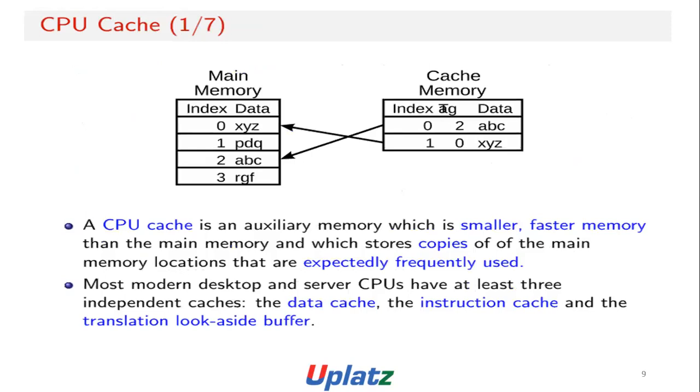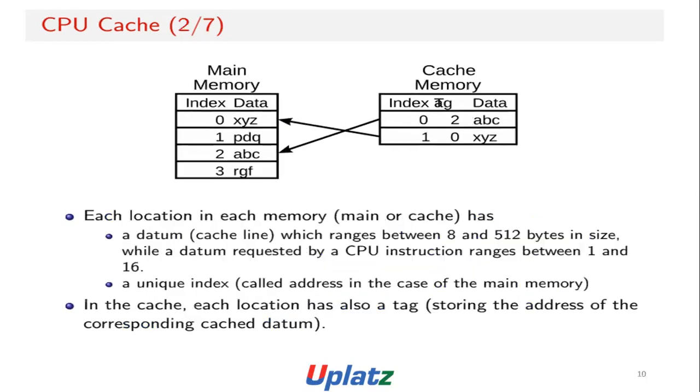CPU cache: main memory, index, data, tag, cache memory. A CPU cache is an auxiliary memory, smaller and faster than the main memory, and it stores copies of the main memory locations that are expected to be frequently used. Most modern desktop and server CPUs have at least three independent caches: the data cache, the instruction cache, and the translation lookaside buffer.